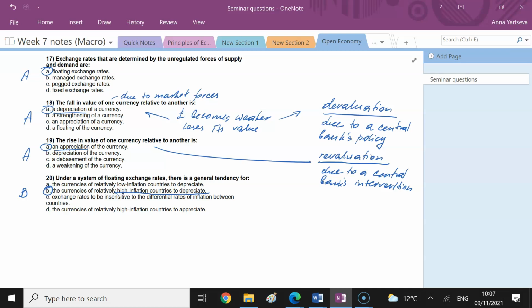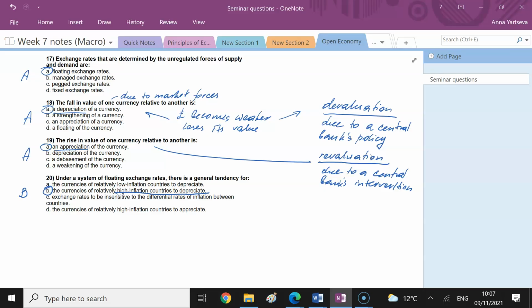For example, you have 100 pounds. You used to get 100 pounds every single month. That's your, I don't know, student maintenance loan, or your pension, or some transfer from the government. It's fixed at 100 pounds. If prices in the country go up, if inflation is very high in the economy, you will be able to buy less and less products for this 100 pounds.